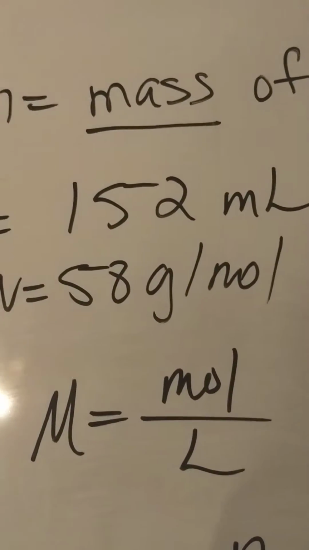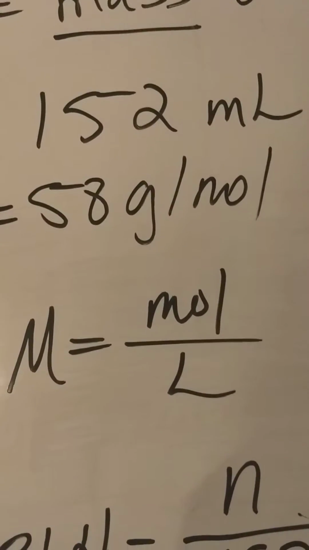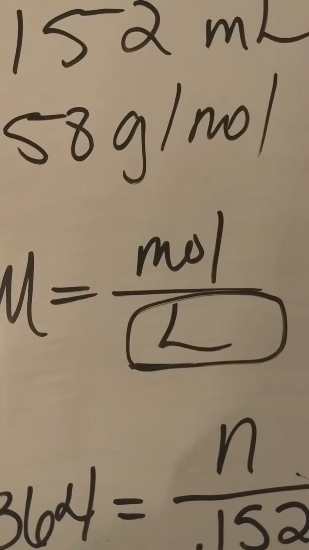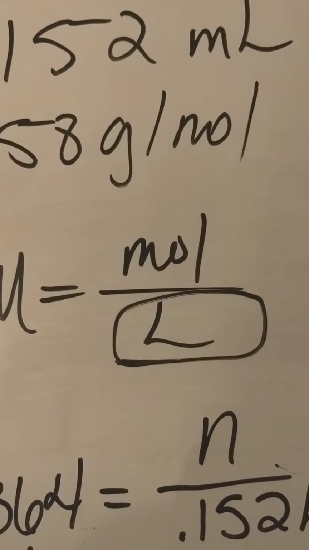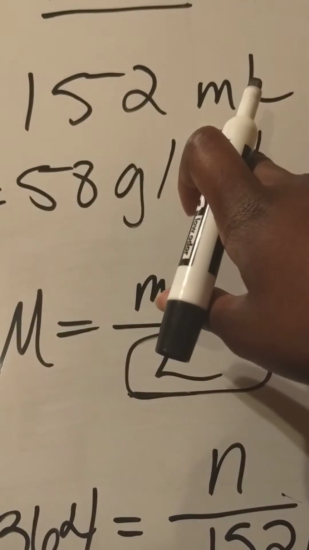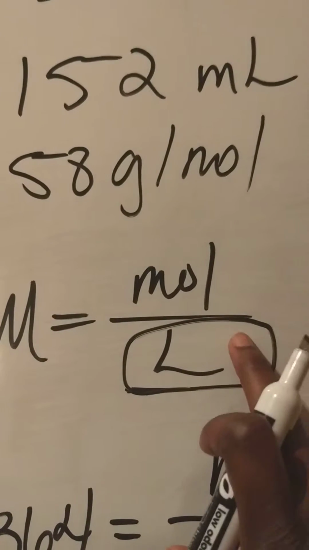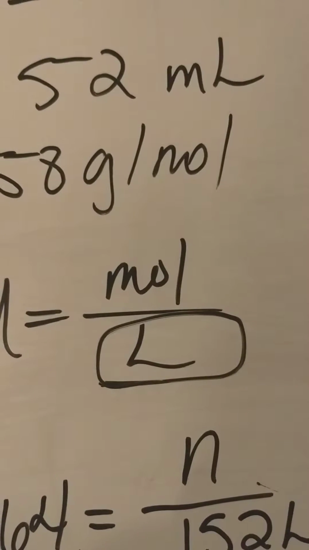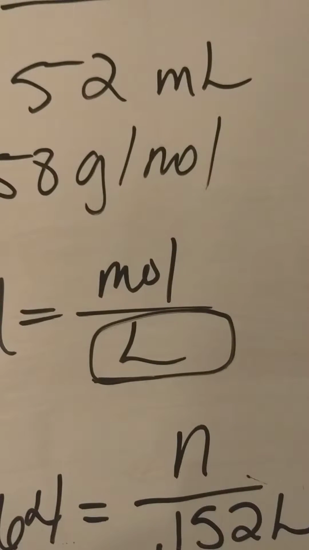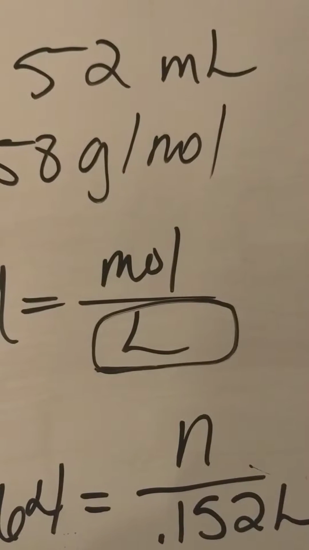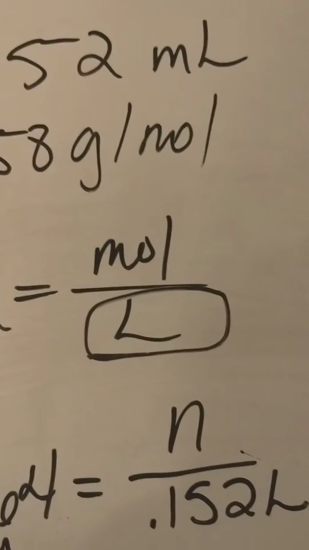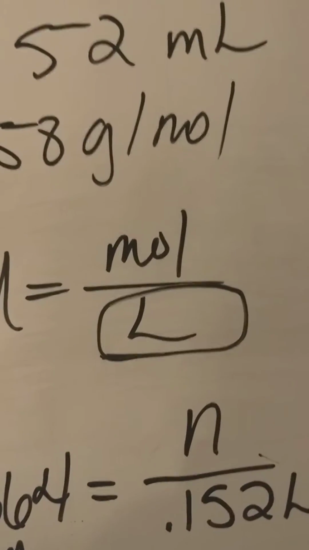Well, because we know that our equation calls for liters, we have to convert our given 152 milliliters into liters. I did that with the simple conversion table of 1,000 milliliters equals 1 liter. But you can also use the jump method, and I'll show you both very quickly.